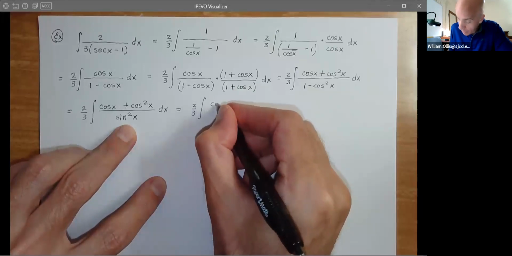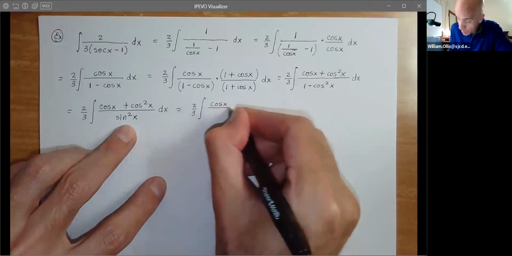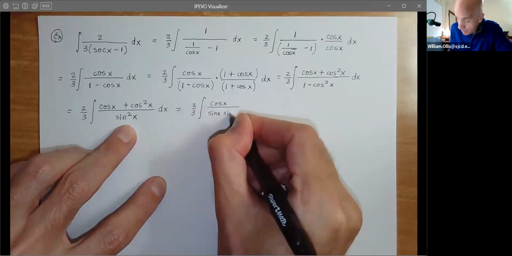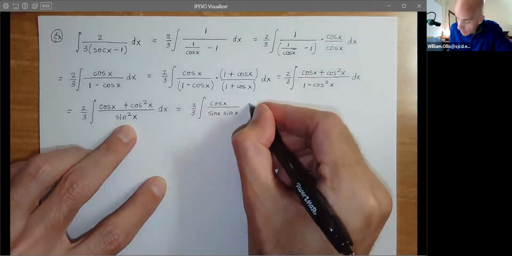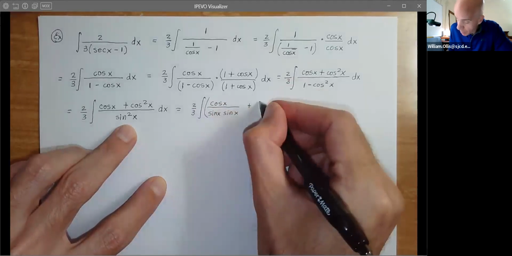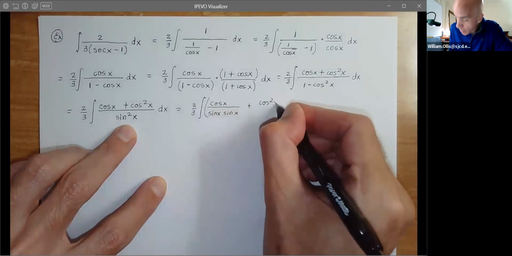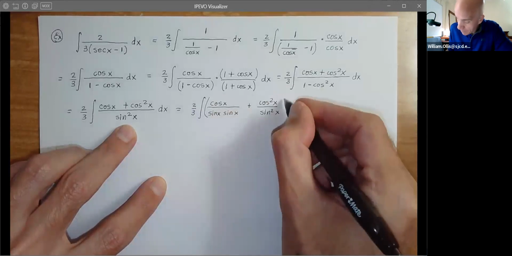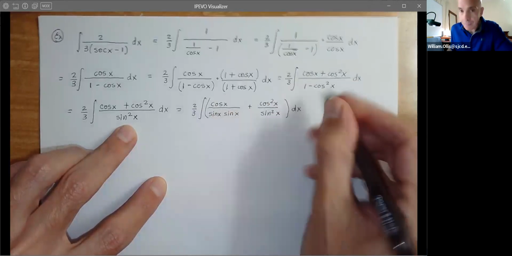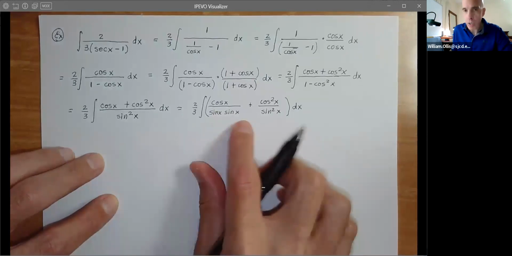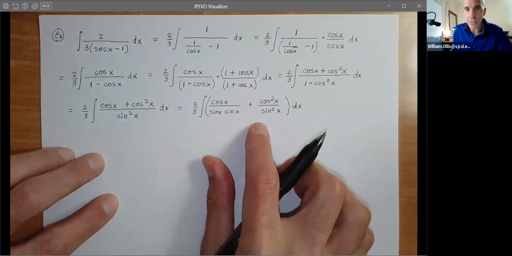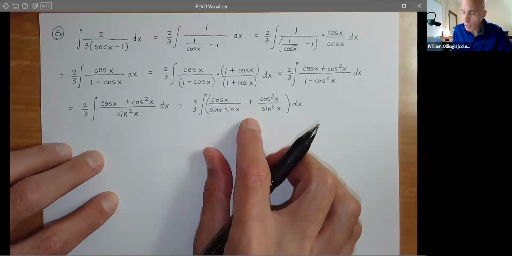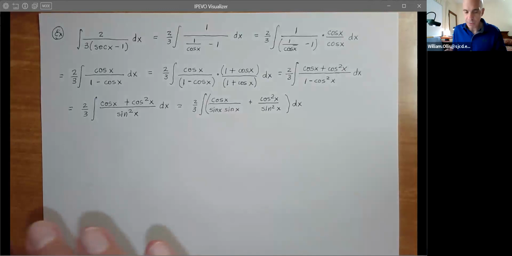So we'll have a cosine x over sine squared x. So this looks very similar to the last one, sine x, then plus cosine squared x over sine squared. So again, it might be more comfortable with the sines and the cosines. Again, that's a personal choice. So now we can see we've got the same thing going on again, but just with a little bit of difference.